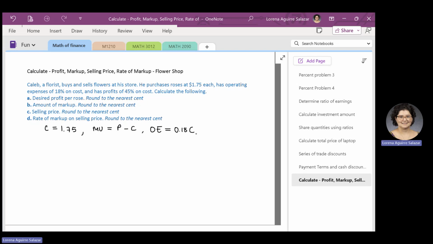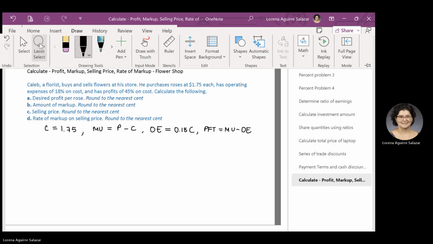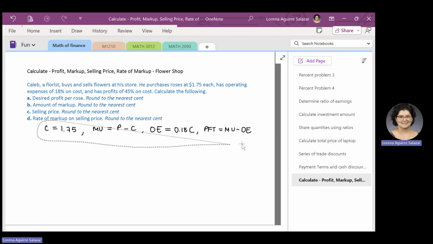Now, net profit, also known as profit, is the amount of profit that is necessary to stay in the business. Net profit is denoted by PFT and is obtained by subtracting all the operating expenses from the markup. So we have MU minus OE. And according to this problem, the profit corresponds to 45% of the cost.